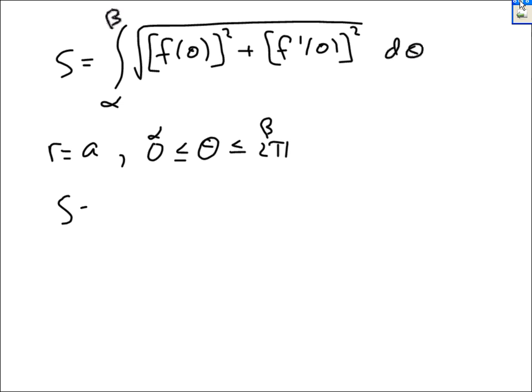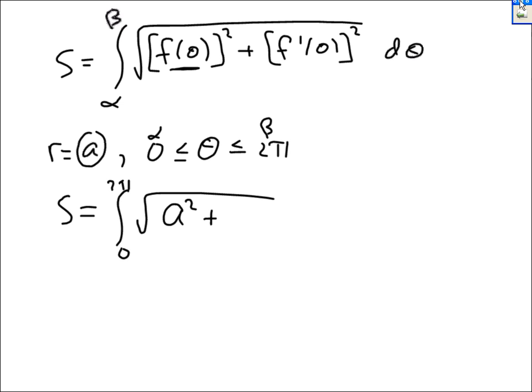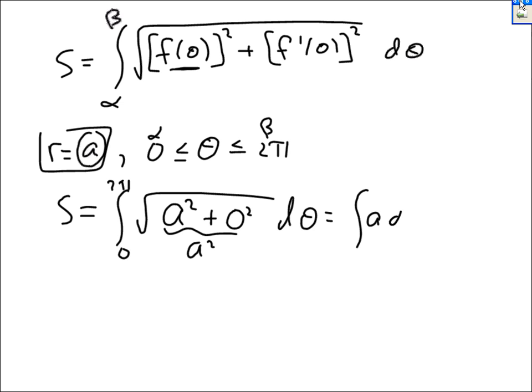So S is equal to the integral from 0 to 2 pi of the square root of r squared plus, now, the derivative of r, if r is a constant, the derivative is 0, 0 squared, d theta. Well, this mess is just a squared. And the square root of a squared is a. So I just have a d theta from 0 to 2 pi.